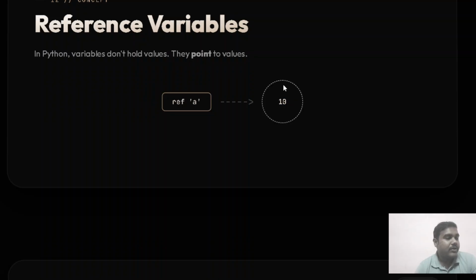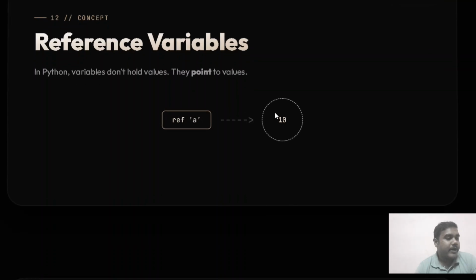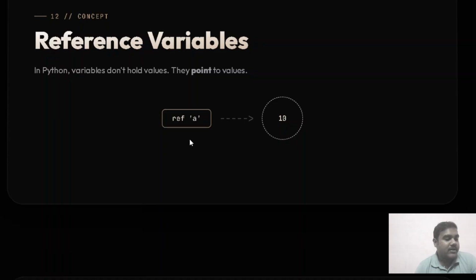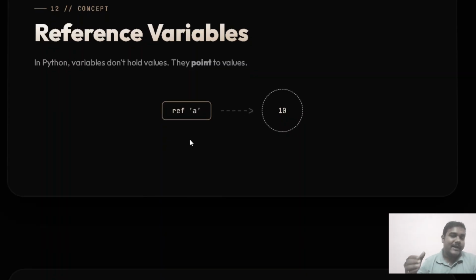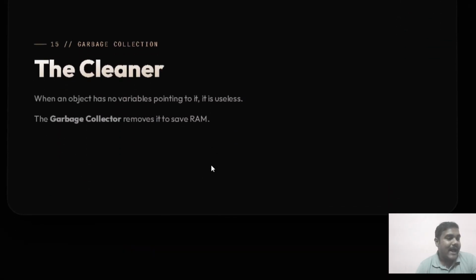This will be your heap memory, and this will be your stack memory. So multiple records inside your stack will be created. If you are creating two variables a and b, then a and b will be inside your stack memory. Then if both variables have the same value, a and b both will point to the heap memory as an address.